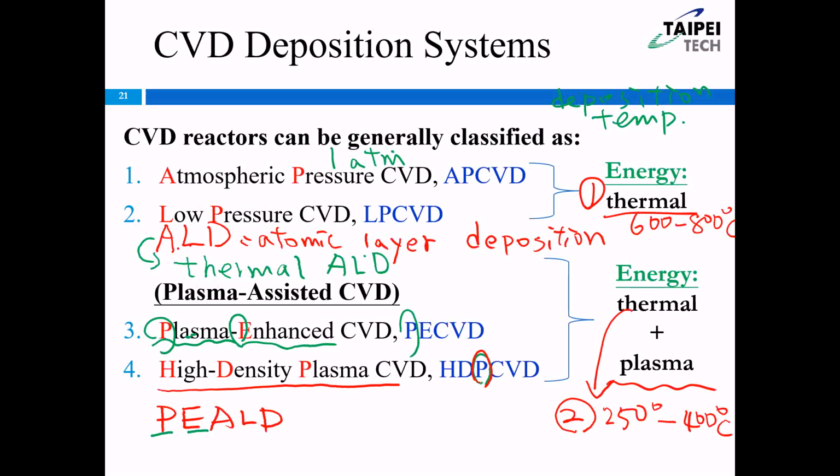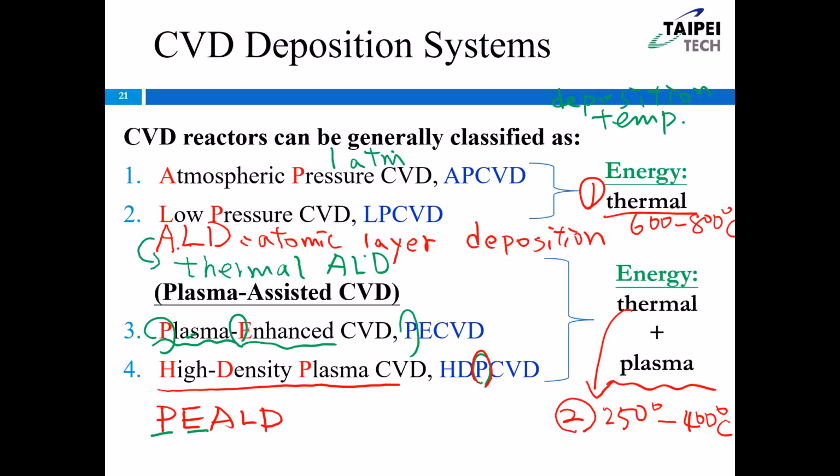If you have the plasma inside the CVD, usually the deposition temperature is much lower than the other kind of CVD, because that kind of CVD doesn't have the plasma energy. The energy is 100% from thermal energy.